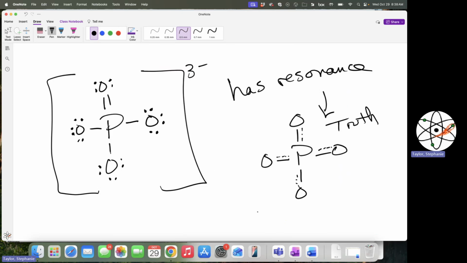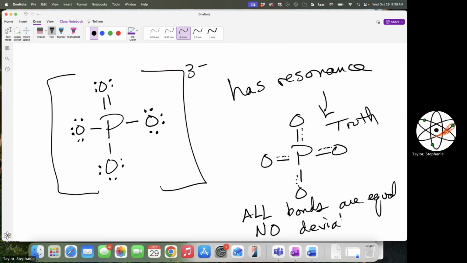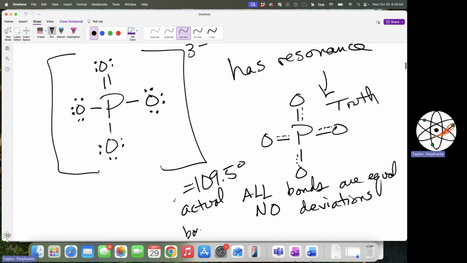This means all bonds are equal and that there are no deviations. So even if I wanted to tell you the actual bond angles, this is tetrahedral. So this has 109.5 degrees as its actual bond angle because it has resonance.